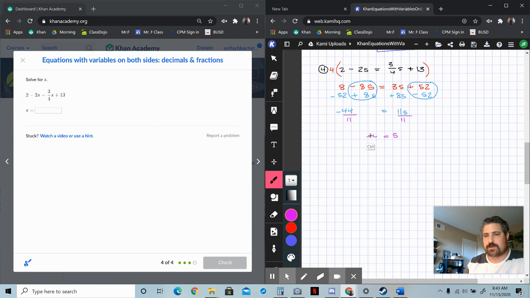Once you have the answer, you're going to double check it, make sure it works by plugging it back into the original and seeing if you get a true statement. This is 2 minus 2 times negative 4. That's going to be plus 8. So really what we have here is 2 plus 8 on the left. On the right-hand side, you're going to have negative 4. So this is going to be 4 cancels out with 4. You get 1. This is 3 times negative 1, which is negative 3.